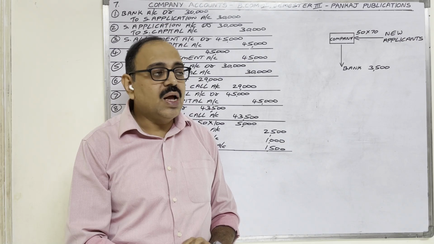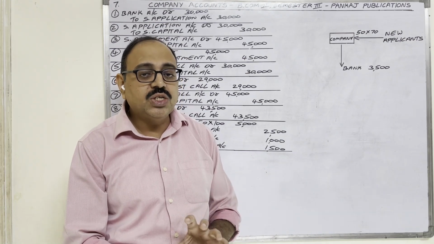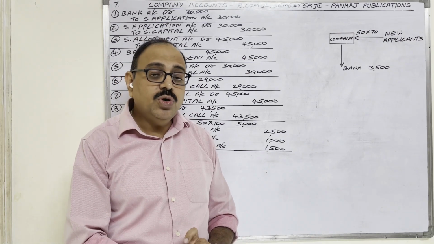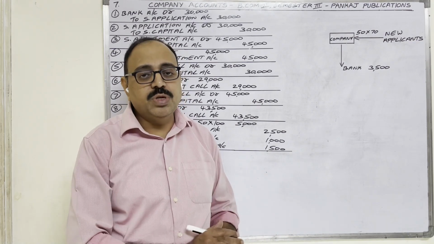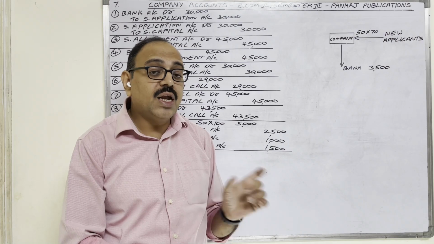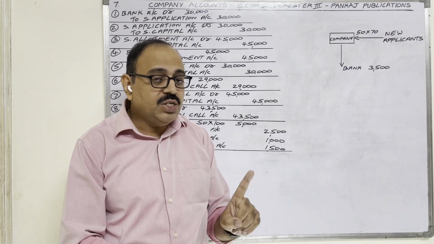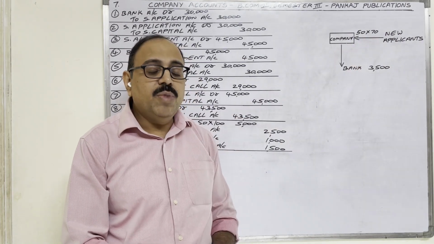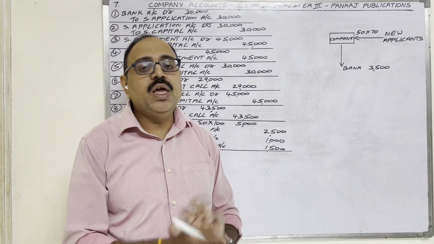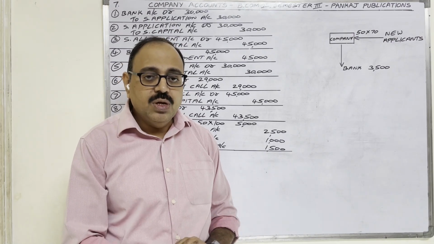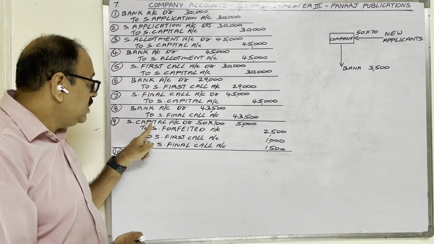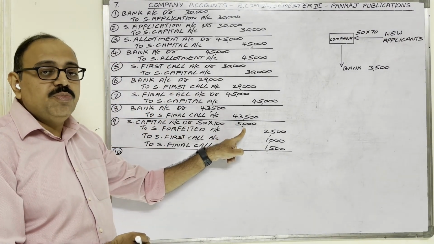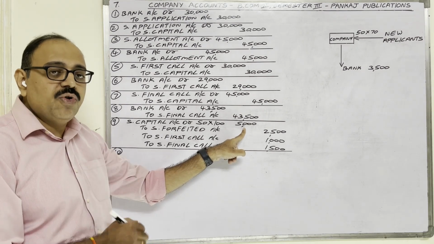And generally, company sells forfeited shares on auction basis. In books, we are writing that 50 shares are sold at the rate of 100 rupees each. Actually speaking, at the time of reissue, on one share only 70 is coming. But in books, we are writing that 100 rupees came, total face value. So previously, in the ninth entry, we have cancelled capital account with 5,000 rupees because 50 shares are forfeited.